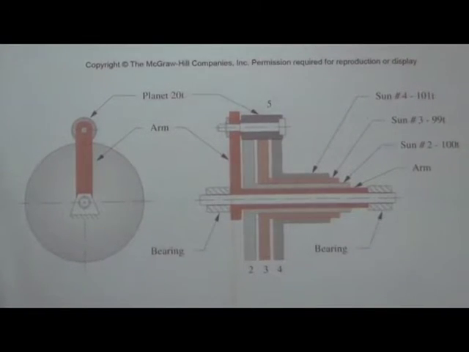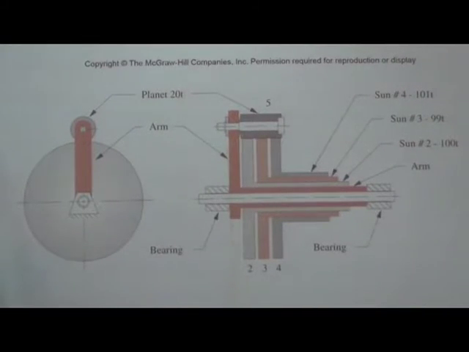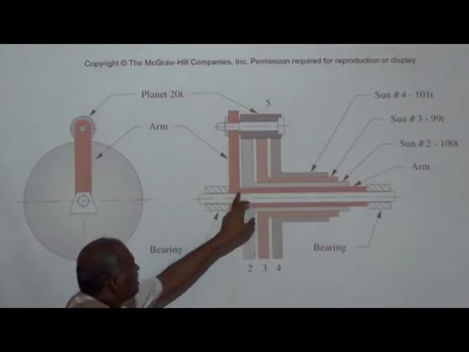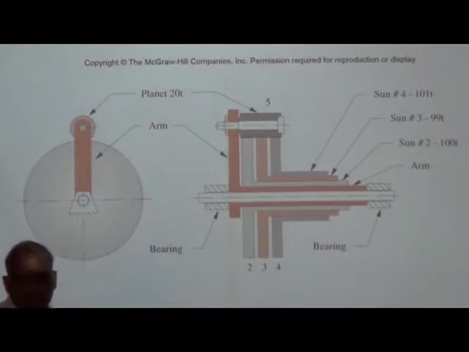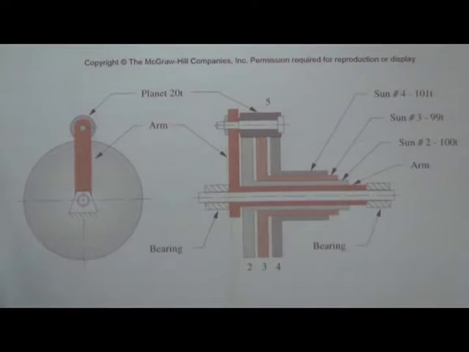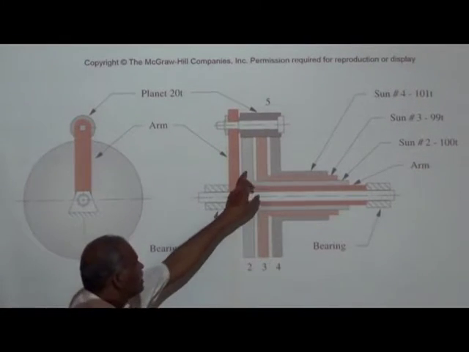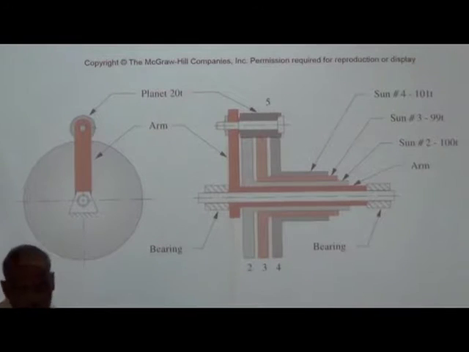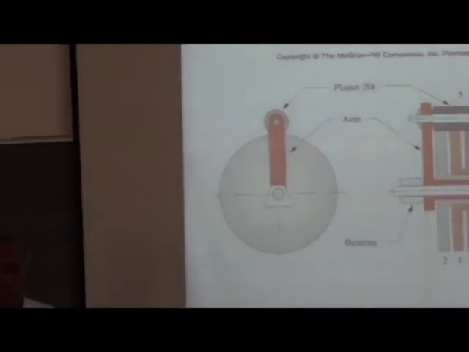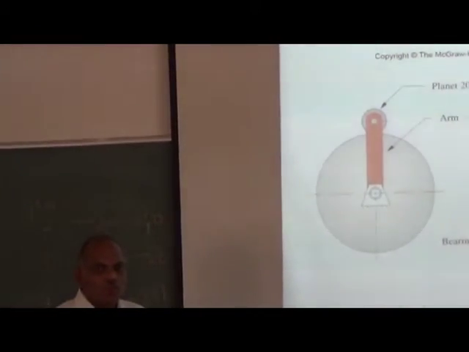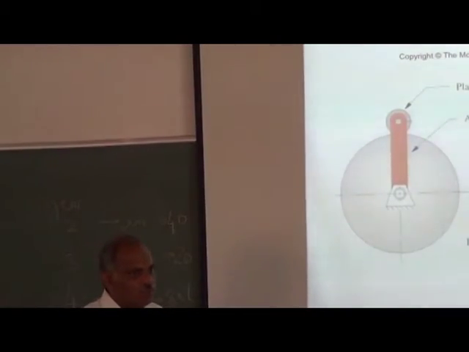You have here 3 sun gears. So you can see this is an arm, this is your planet gear, and that is in mesh with the 3 sun gears simultaneously. For 2 gears to be in mesh, the tooth size and the gap should be the same. So they should have the same module.